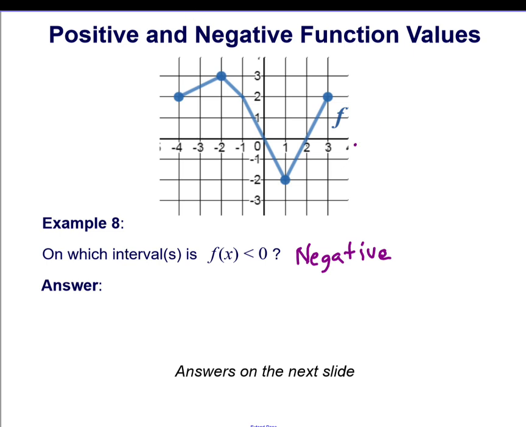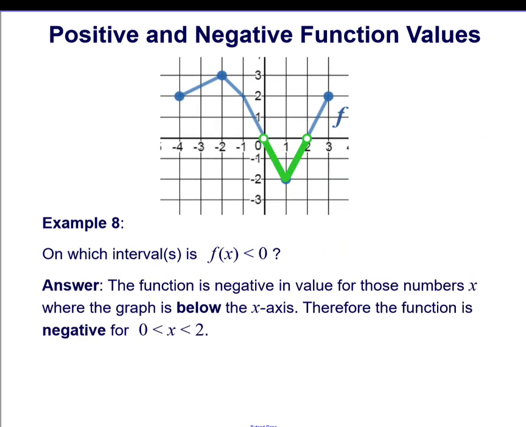So we're talking about below the x-axis, not including the x-axis, but below the x-axis. Remember, the x-axis itself is the line y equals 0. So we can't have a line sitting right on the x-axis because the function f of x would equal 0, and 0 is not positive or negative. Let's go to the next slide and take a look at the answer.